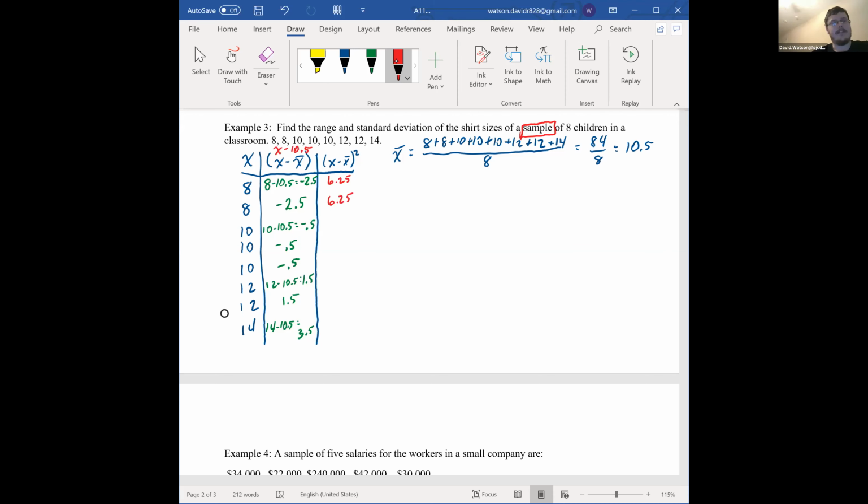Negative 0.5 squared is going to be 0.25. 1.5 squared is 2.25. And 3.5 squared is 12.25.